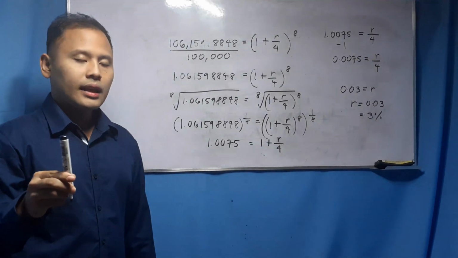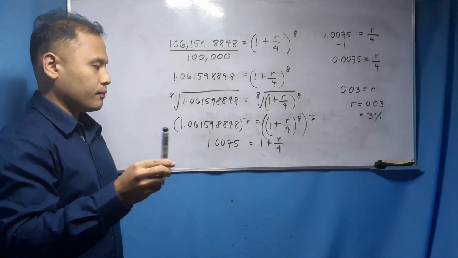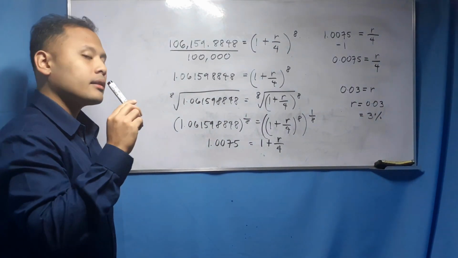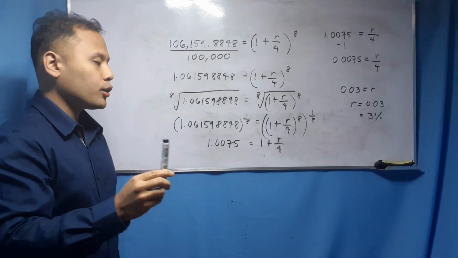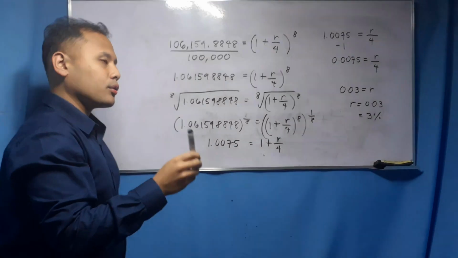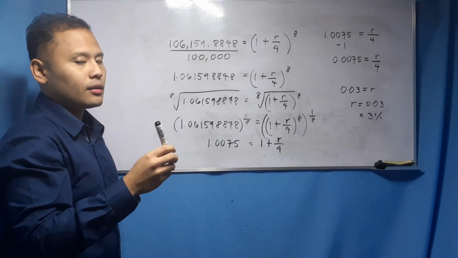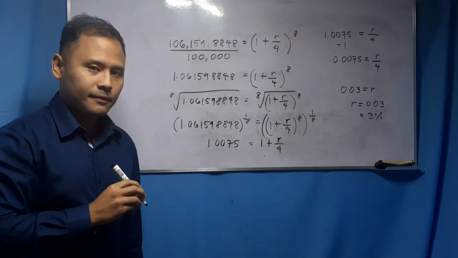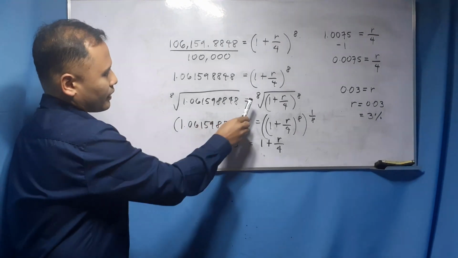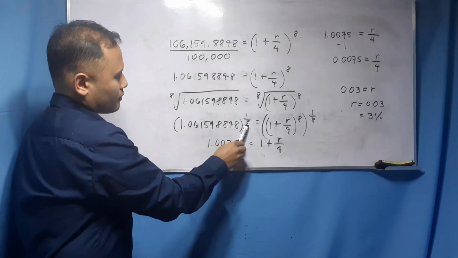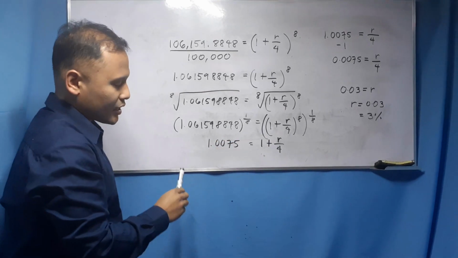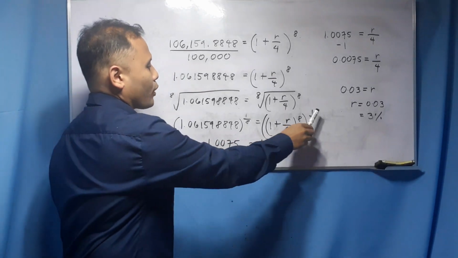Take note that if we say 8th root, this is equivalent to raising a certain quantity or expression to the power of 1/8. So the 8th root is the same as 1/8 as the exponent. We can rewrite the 8th root as these expressions, where each expression is raised to the power of 1/8.